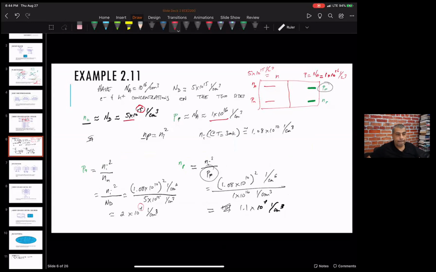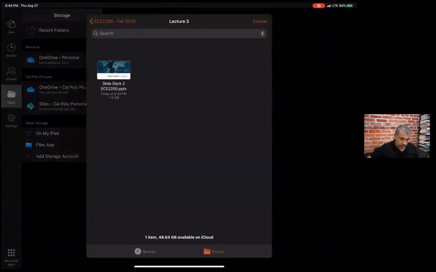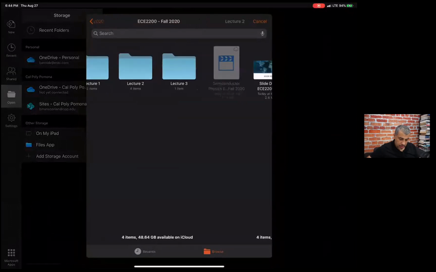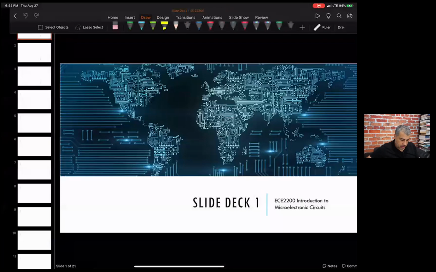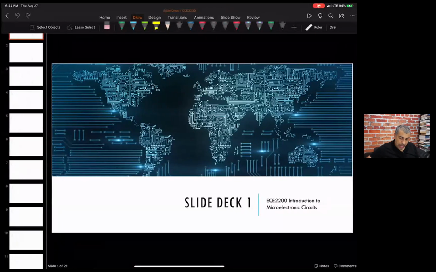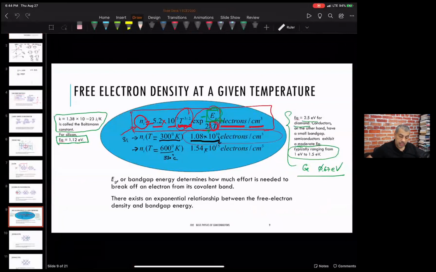Professor? Yeah. I had a question about how you got the ni value. I'm not sure if I missed it or something. Sure. So the ni value, we got it going back to this equation here from the previous set of slides.